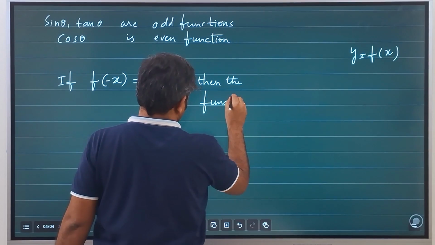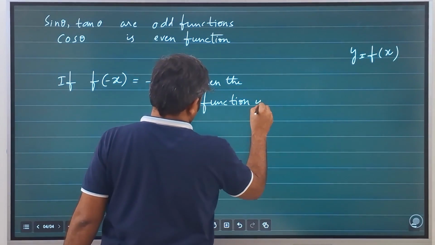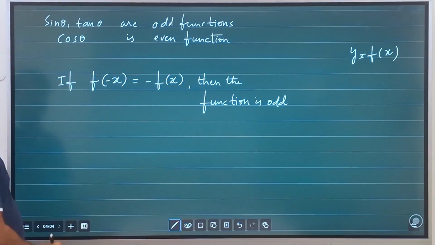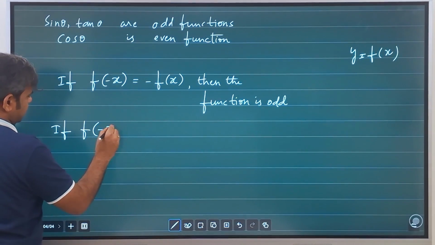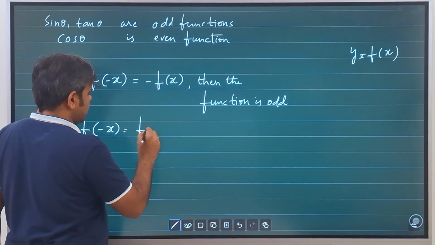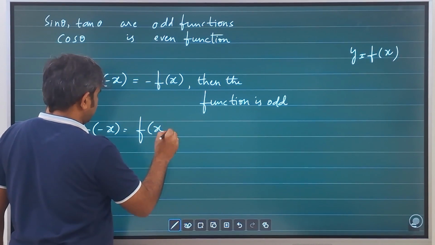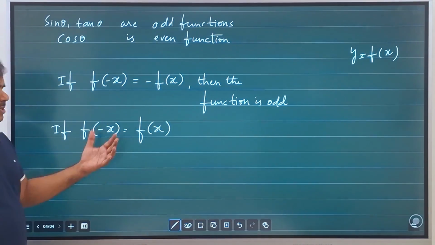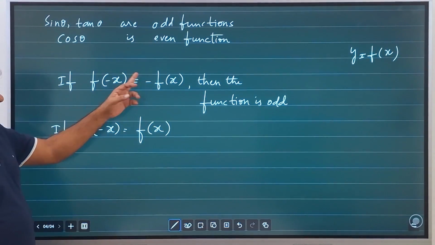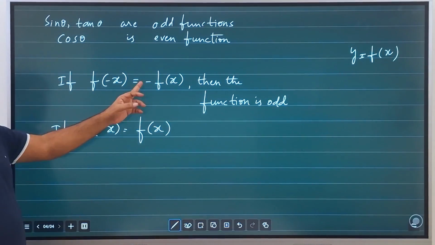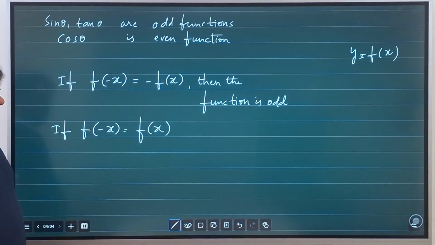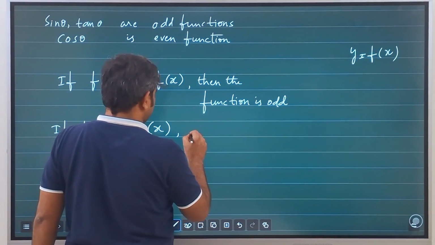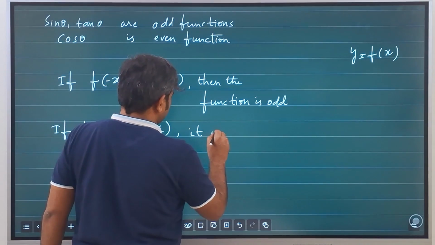Then the function is called odd function. If f of minus x is equal to minus f of x, then it is odd function. If f of minus x is equal to f of x, then the function is called even function.